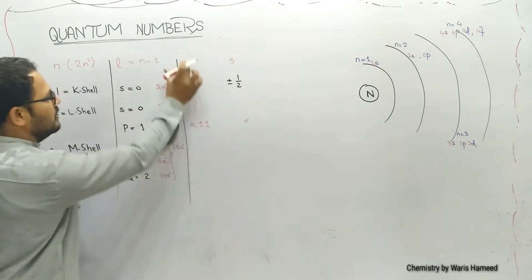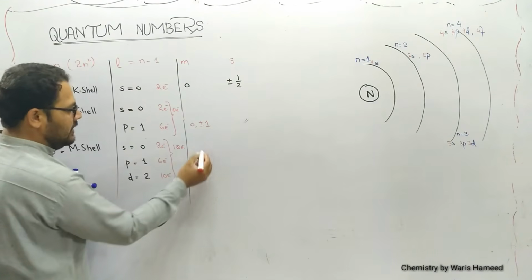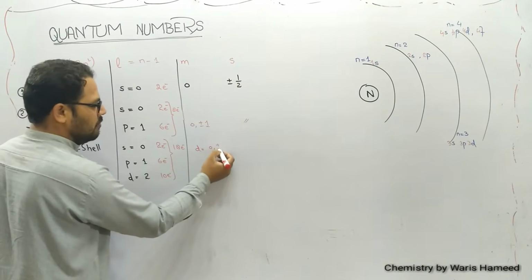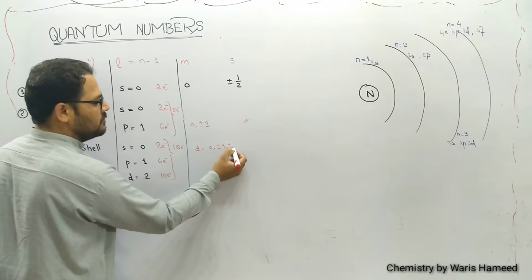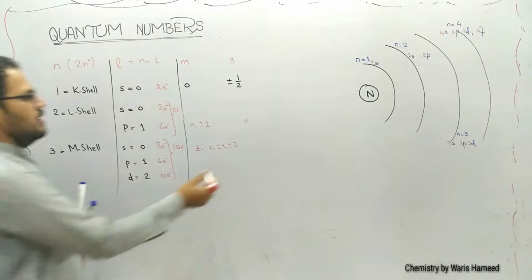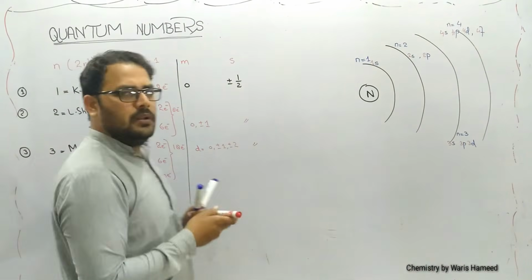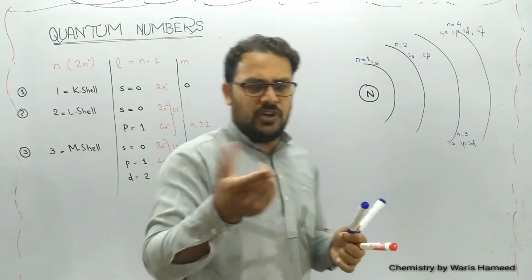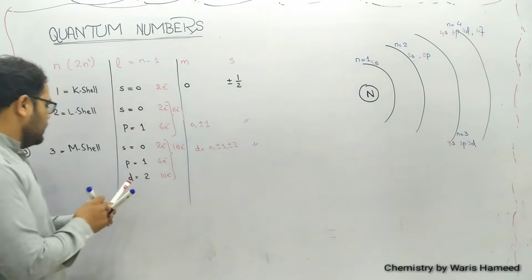The value of the magnetic quantum number for d is equal to 0, plus minus 1, plus minus 2. And the spin quantum number will show the usual value depending upon the spin of the electron.